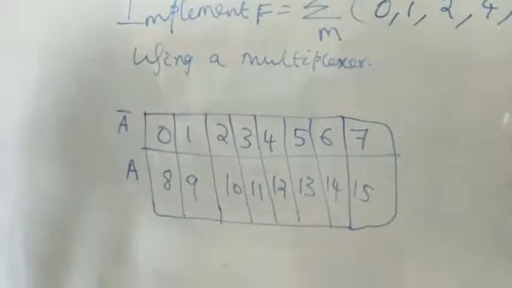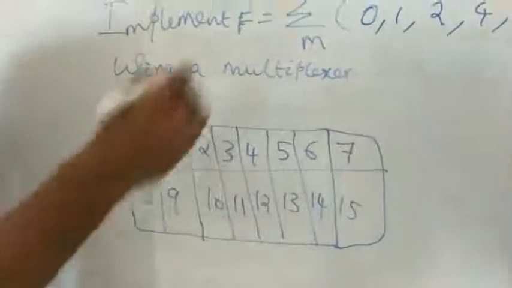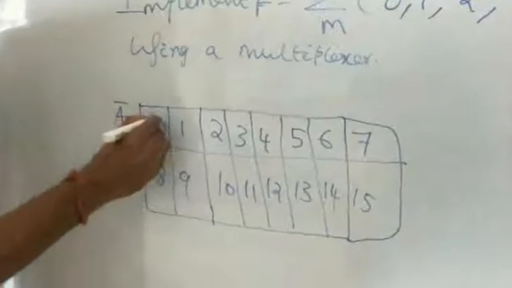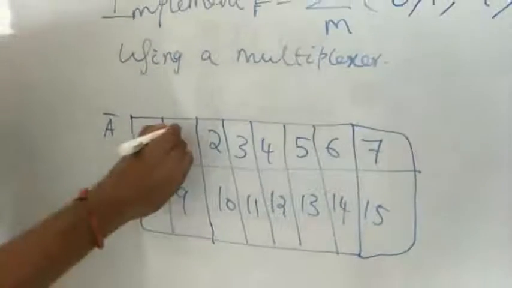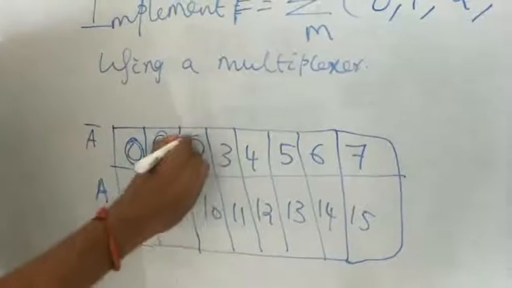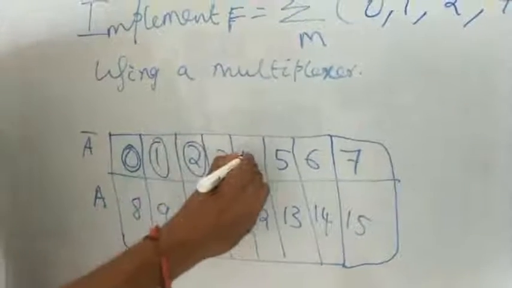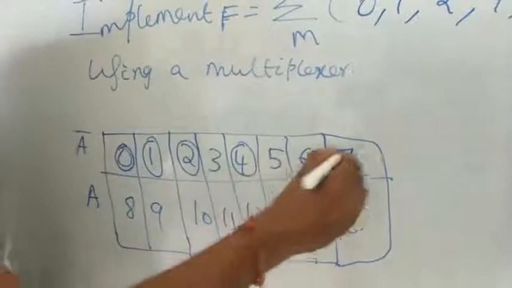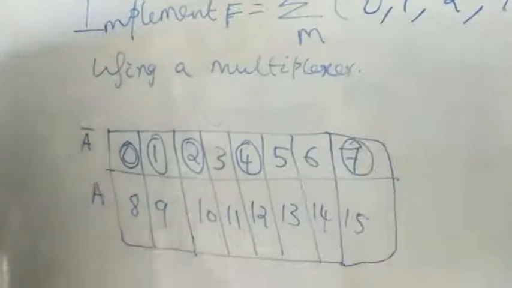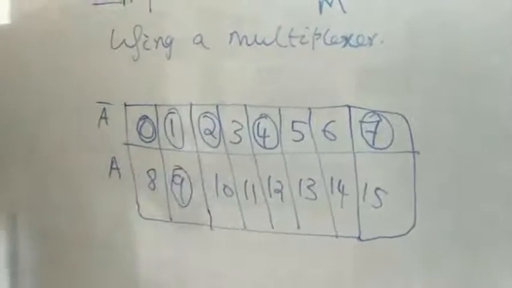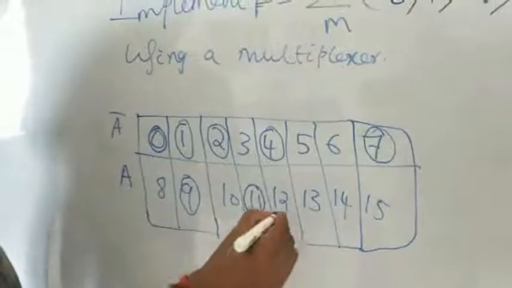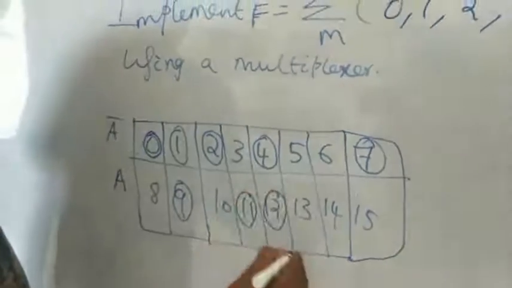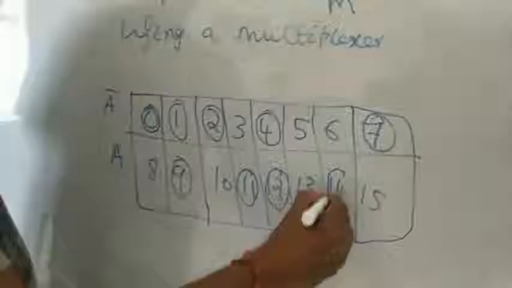Now we'll start circling according to the given problem. 0 is present in the given problem, so circle it. Then 1, 2, 4, 7. Then 9, 11, 12, then 14.